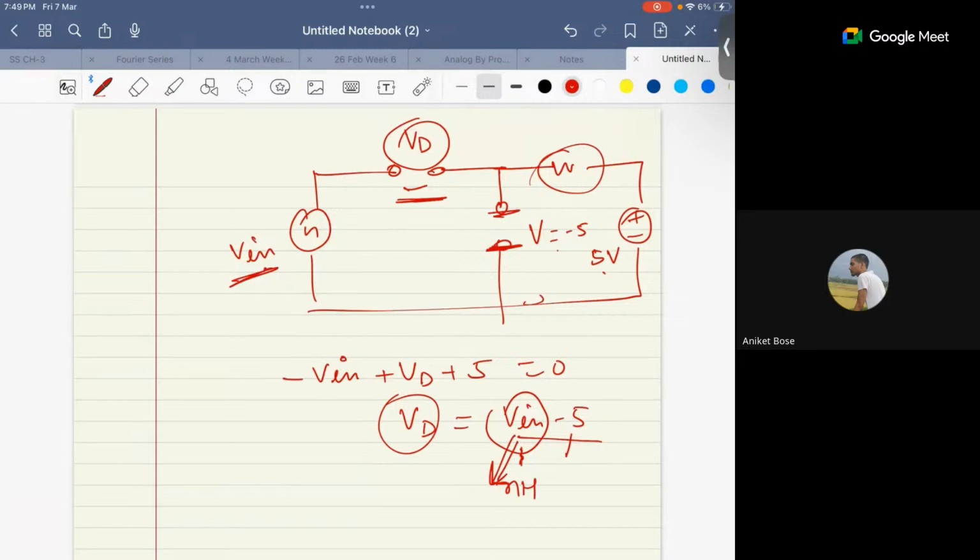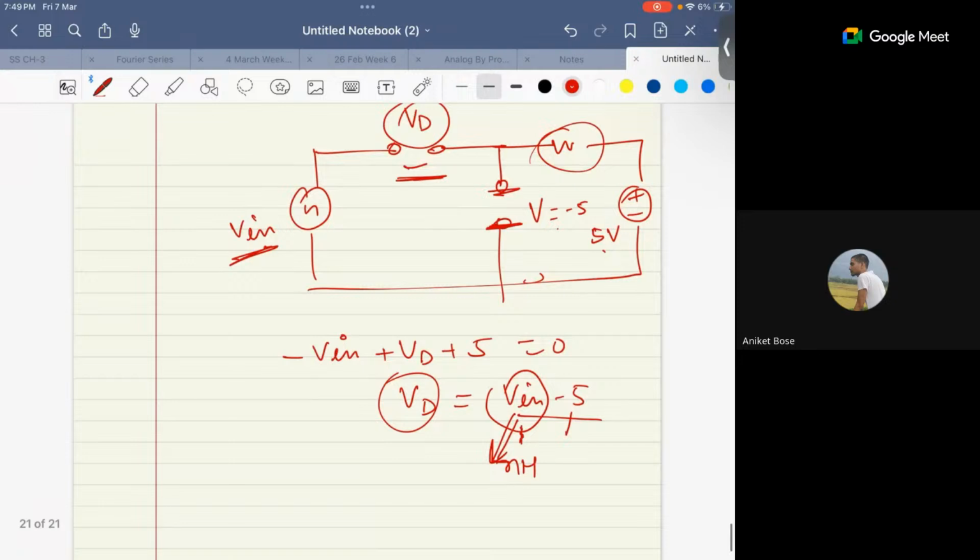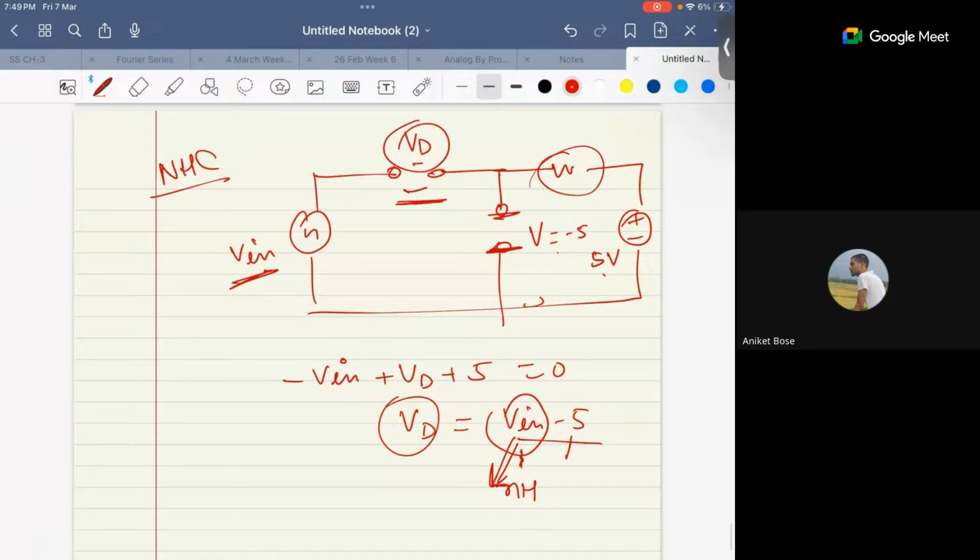No, see, this can be solved, right? In the negative half cycle it was very simple. Just assume that both are open, and then you calculate VD. VD was coming out to be V input minus 5. You are giving negative voltage, that means the whole voltage will be negative. This assumption is correct. Now the voltage across this is minus 5 volt, always minus 5 volt.